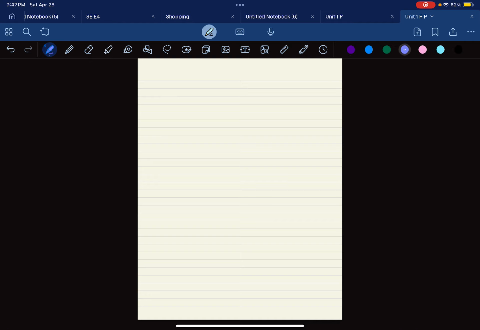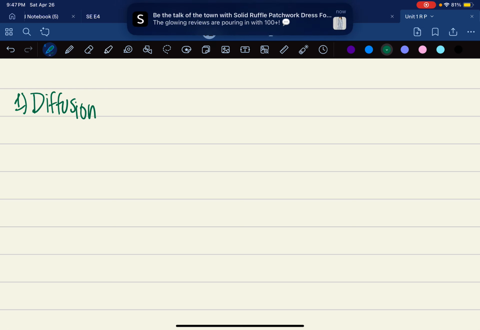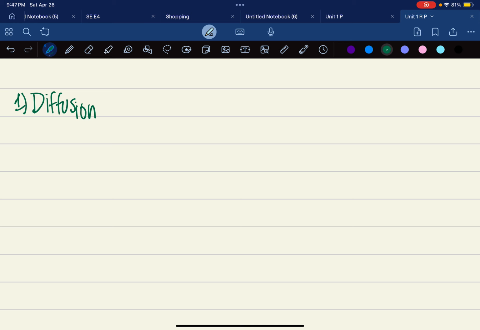So we have diffusion through channels, which is passive.